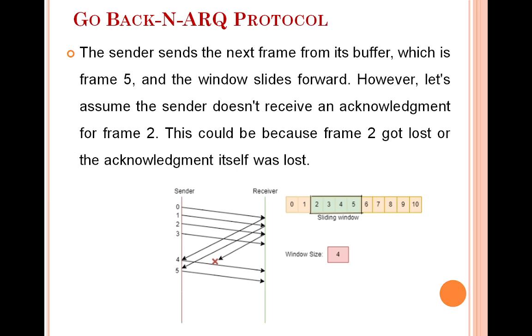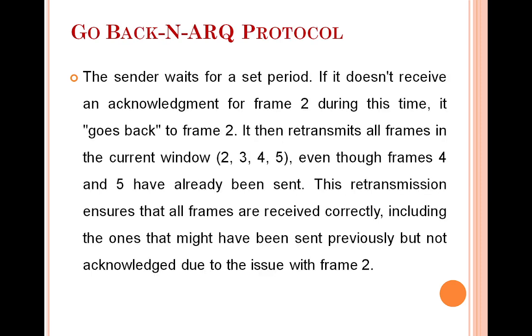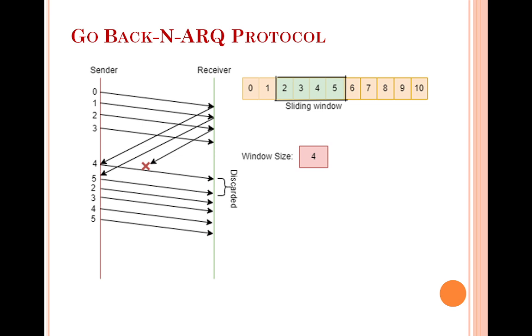While we are sending data frame 6, it has been broken or lost. Then what shall we do? Here it has started to send all the frames again. That is, after 2, we have 3, 4, 5, all the frames we are sending once again.